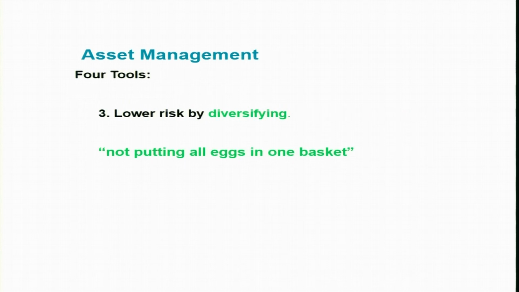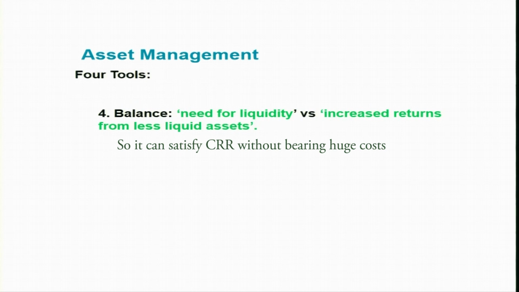The third tool is to lower risk by diversifying, that means not putting all eggs in one basket. And the last tool is balancing the need for liquidity versus increased returns from less liquid assets, so that it can satisfy the cash requirement without bearing huge costs.